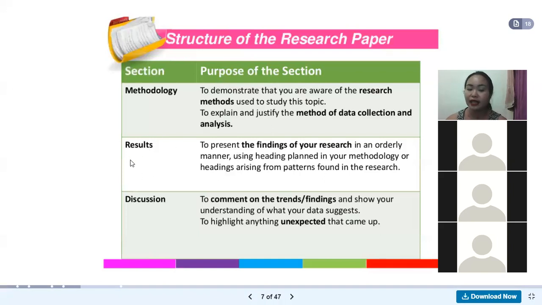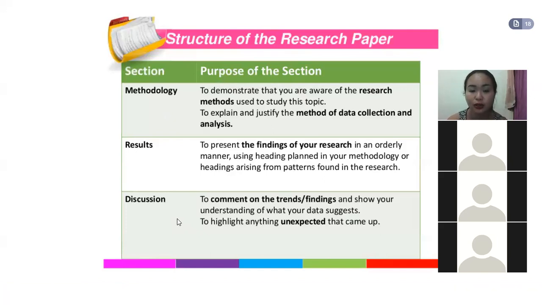And you can add the results and discussion together, or they can also be separate. That depends on the style you want, or it could also be based on the journal that you're following.